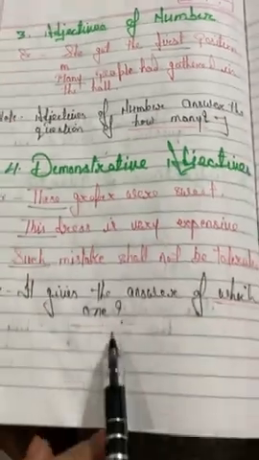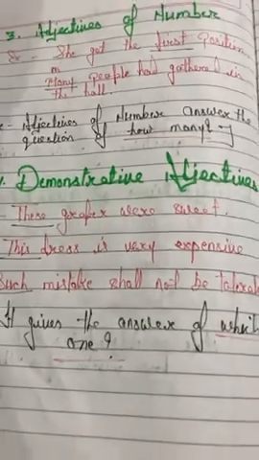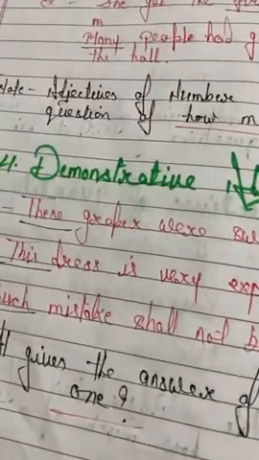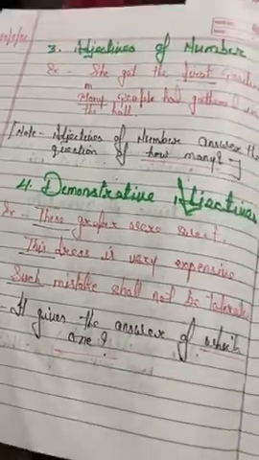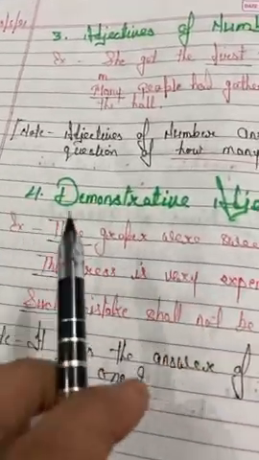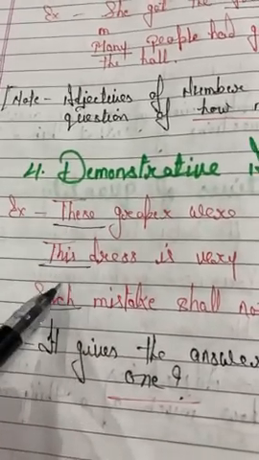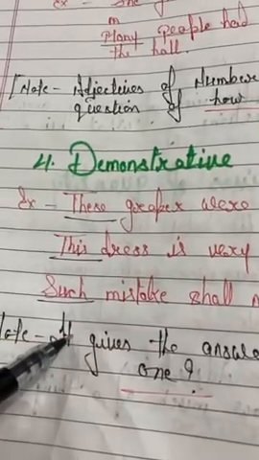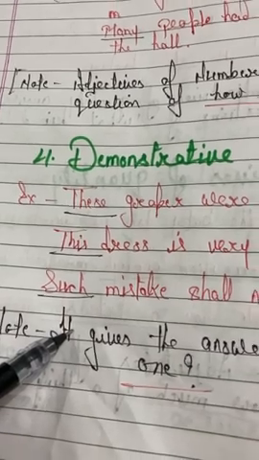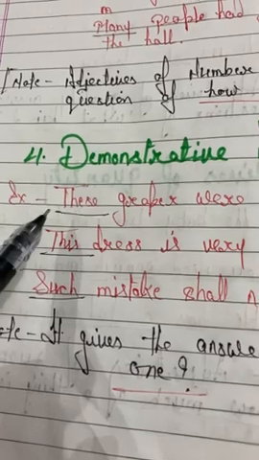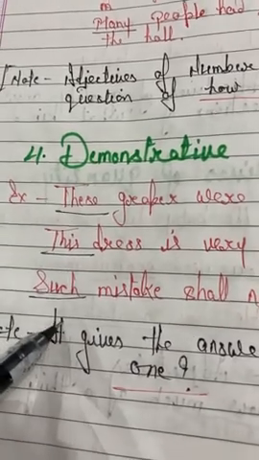Come to the next adjective, demonstrative adjectives. Now students, what is demonstrative adjective? The adjectives this, these, such point out which person or thing is referred to.